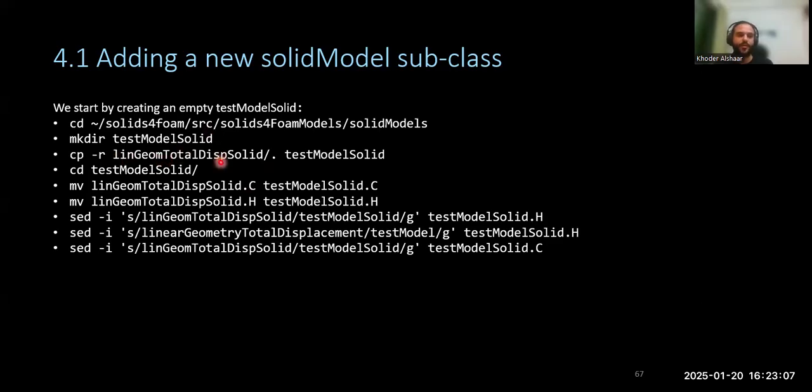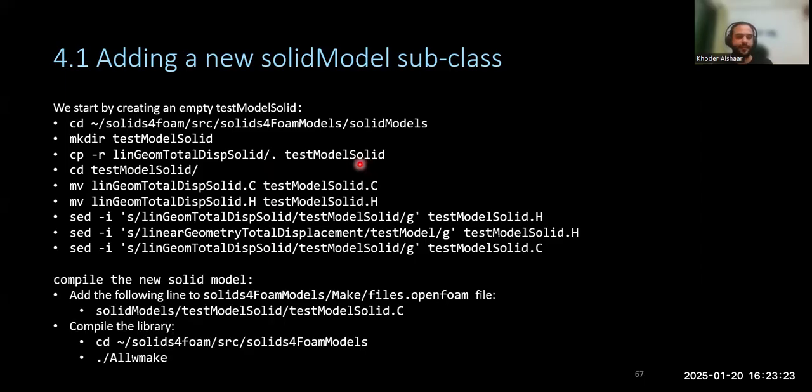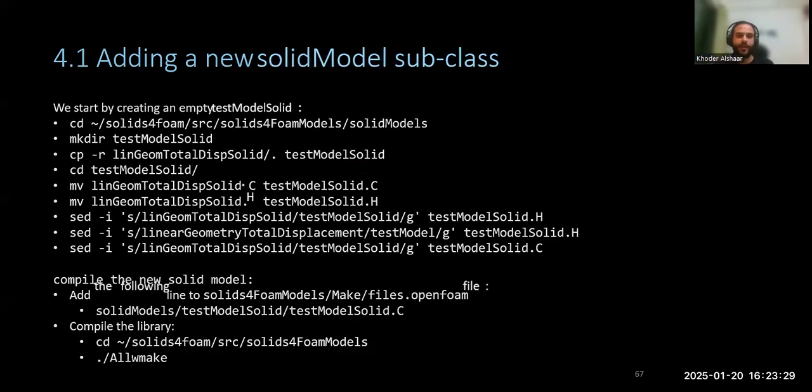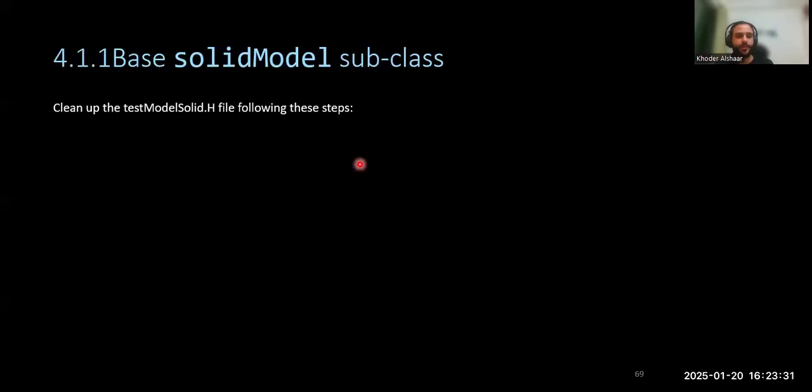This is just commands for copying and replacing some names and so on, and we call it test model solid. Solid is a prefix for all the derived solid models, so you'll see this solid at the end of every class. These are some more commands to compile and add the libraries.